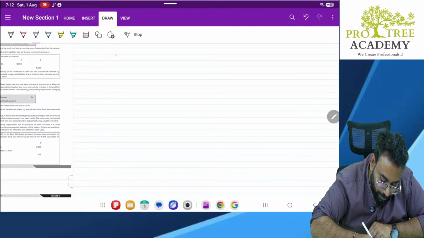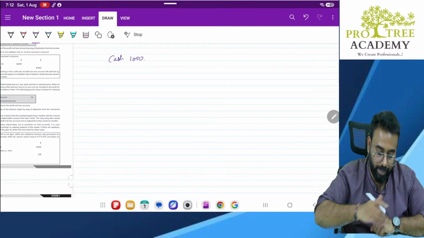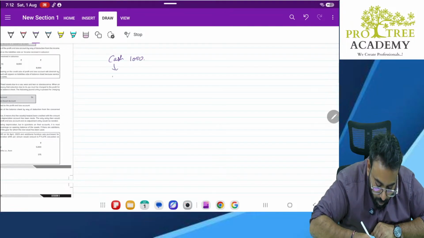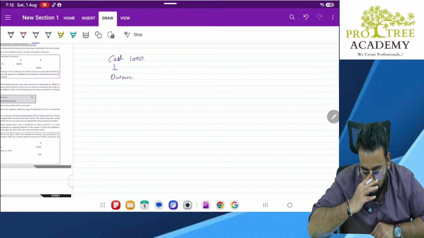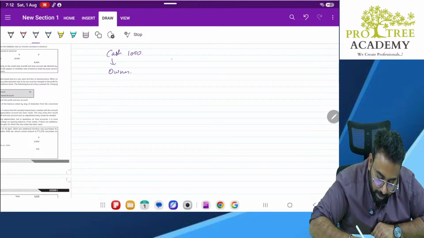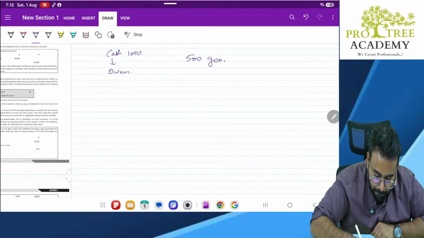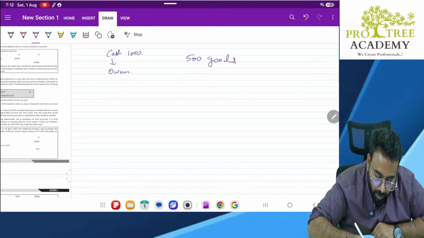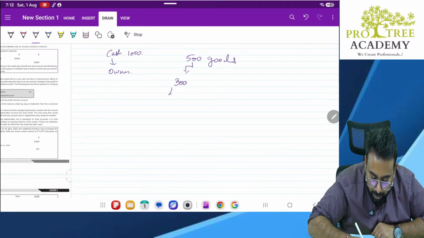Suppose I have cash of 1,000. Who brought this cash? The owner. I purchased 500 rupees of goods. Out of this 500, I sold goods worth 300 for 350.